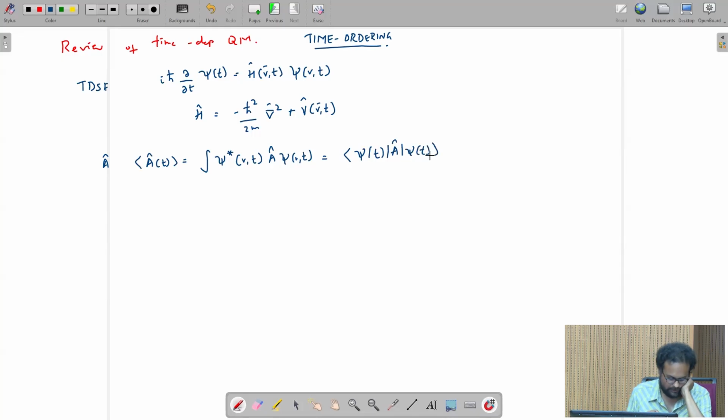This is the expectation value, and because expectation values must be real since they are associated with a physical observable, A must be Hermitian.